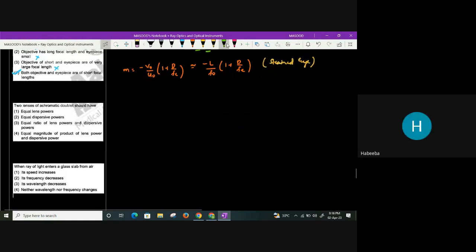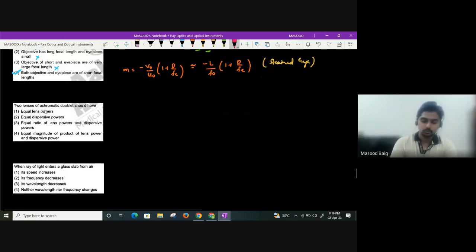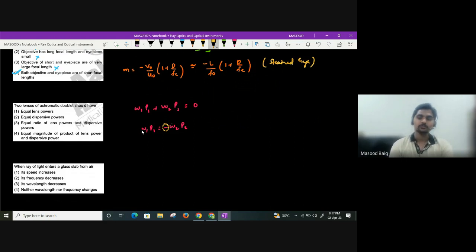One more, you see. Two lenses of an achromatic doublet should have what? What is the condition? Omega1 P1 plus omega2 P2 should be equal to 0. This is the condition. So we can write omega1 P1 should be equal to minus omega2 P2. The product of dispersive power and power of the lens should be equal in magnitude. The minus sign indicates their natures will be opposite, but the product of dispersive power and lens power should be constant.